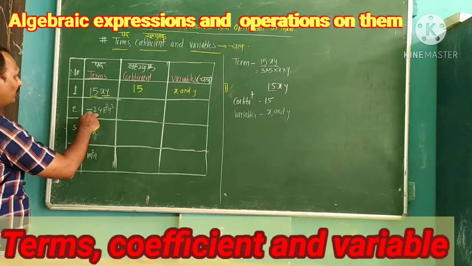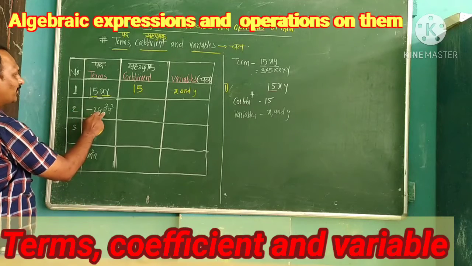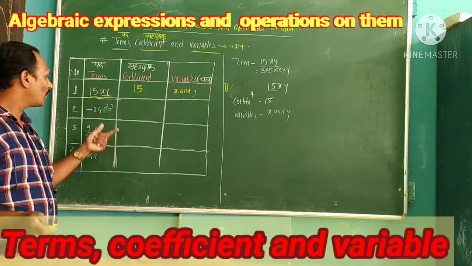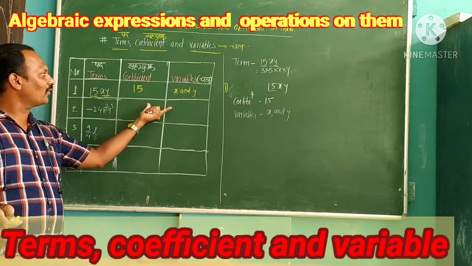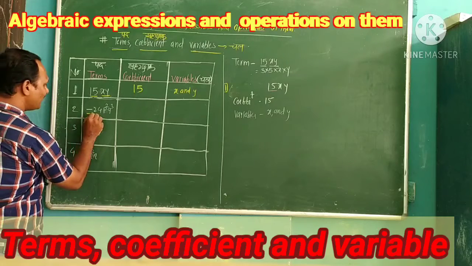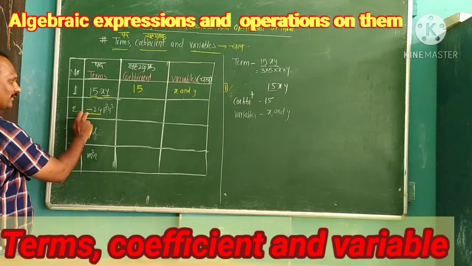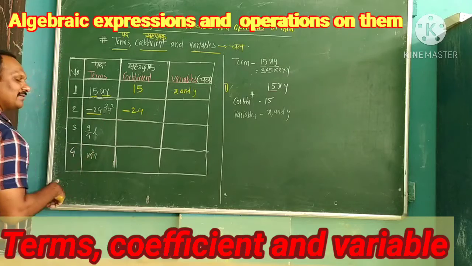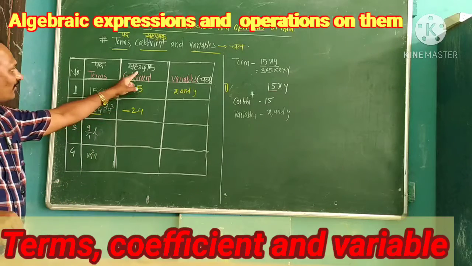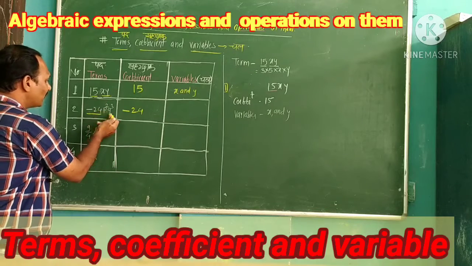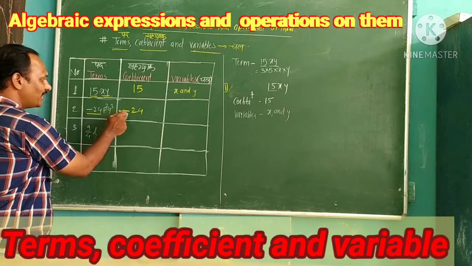Now second example, minus 24 p square q. Tell me what the coefficient is and what the variables are. The sign of 24 is negative, so minus 24 is the coefficient, because in front of the variable is minus 24.